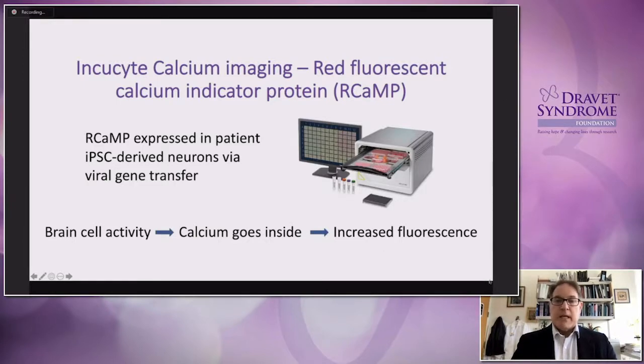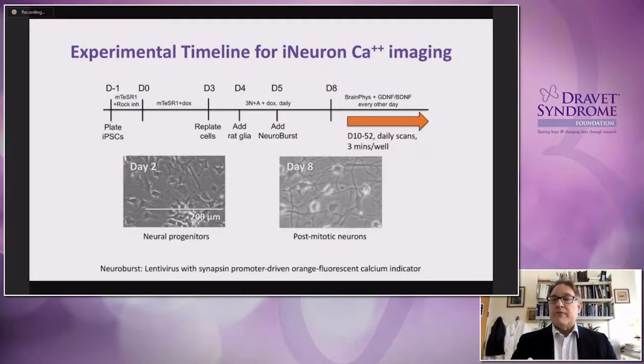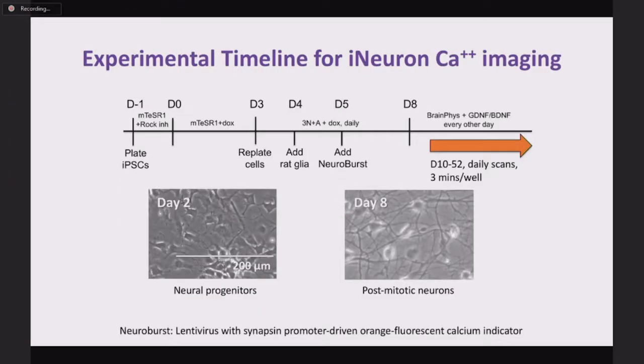So the timeline for these experiments, again, we use those excitatory cortical neurons derived from human pluripotent stem cells. Basically, we plate the stem cells, we add rat astrocytes that increase activity of the cells.